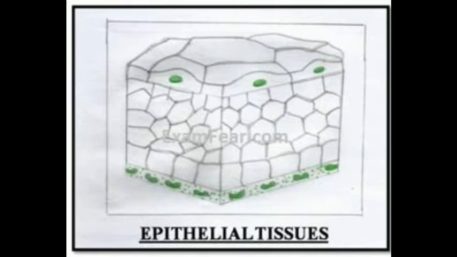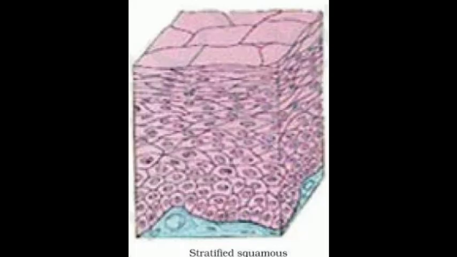They help in absorption of water and nutrients. They also assist in elimination of waste from the body. And some of them are secretory in nature and help in exchange of gases.